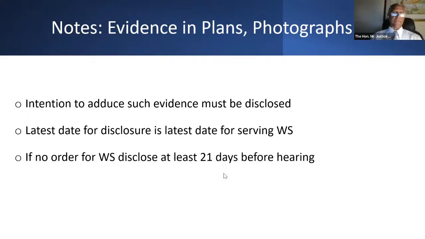You must give the court notice of your intention to adduce that evidence. The latest date for disclosure is the latest date for serving the witness evidence. And if there isn't an order for witness statements, then you must disclose that you wish to produce plans or images, photographs, at least 21 days before the hearing of the matter.